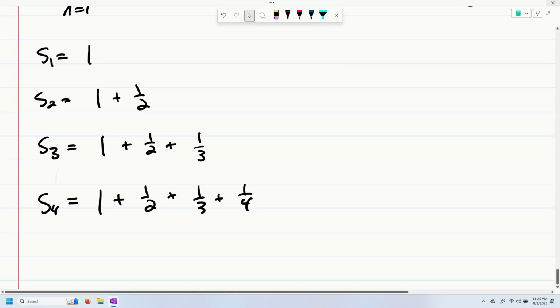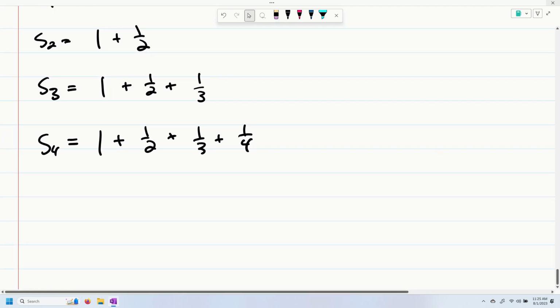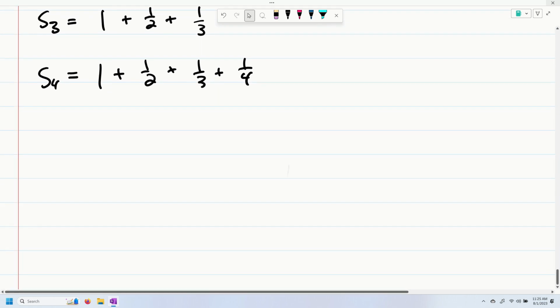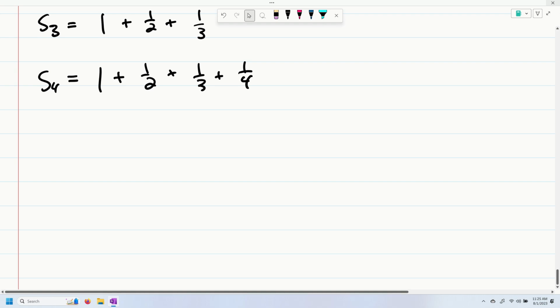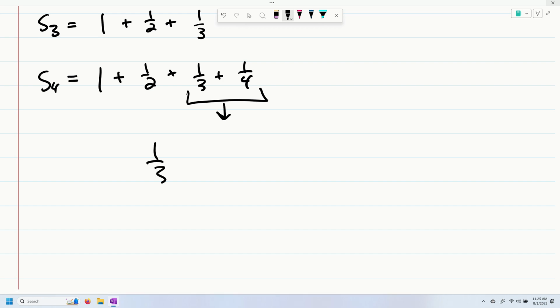So in our fourth partial sum, let's examine this. Notice that for the last two terms in our fourth partial sum, 1/3 plus 1/4 is greater than 1/4 plus 1/4.